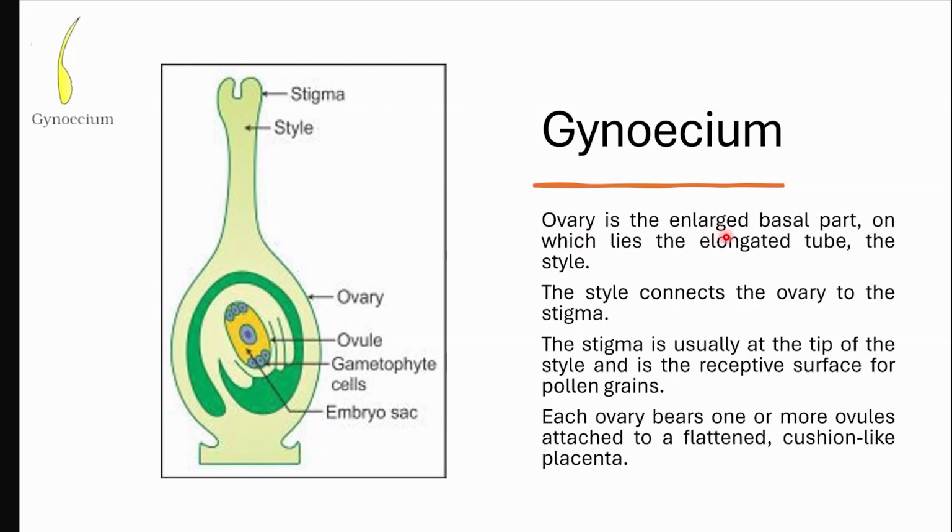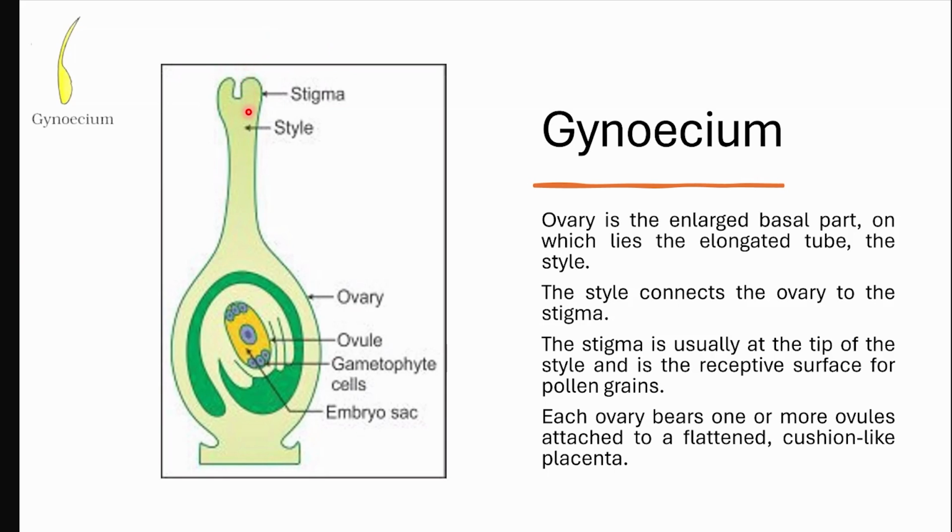So the ovary is the enlarged basal part because it is lying at the base. You can see that it is swollen with respect to the entire gynoecium or the other parts, that is stigma and style. It is an enlarged basal part on which lies the elongated tube, the style, right? So style is a tube. Whatever pollen comes from the male reproductive part will come and sit on the stigma.